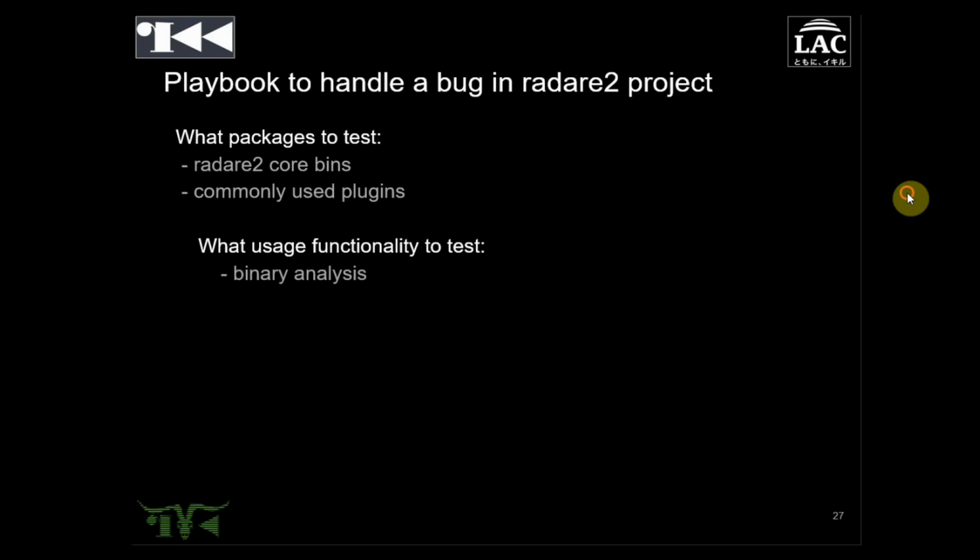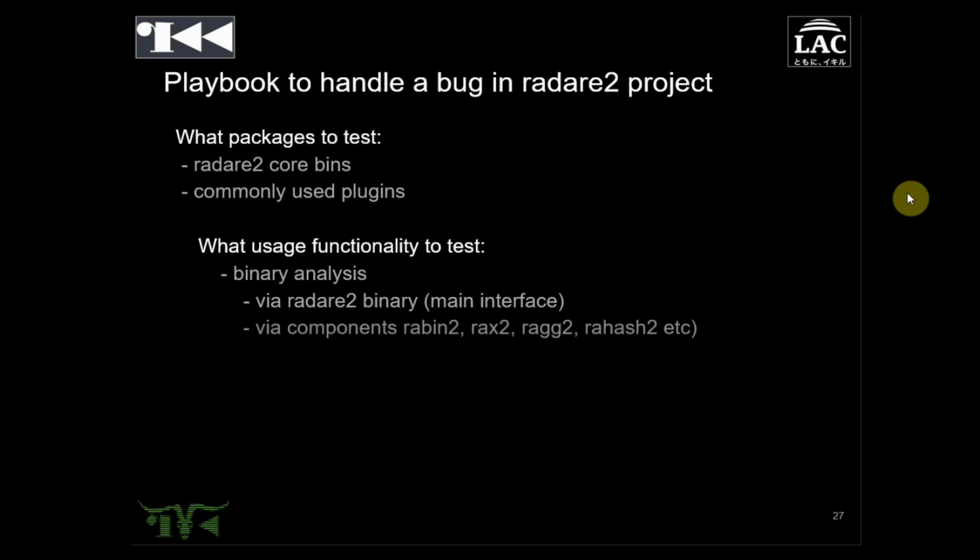It can be binary analysis, and binary analysis can be performed through the radare2 binaries, or can also be confirmed or tested through each binary like rabin2, rax2, rag2, and rahash2, etc. And then the other functionality is forensics. It is not as much as binary analysis, but it's there.